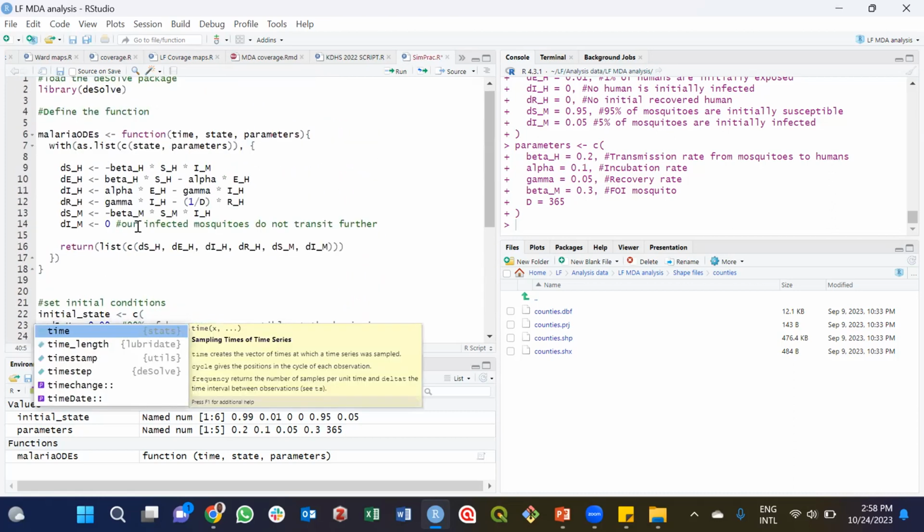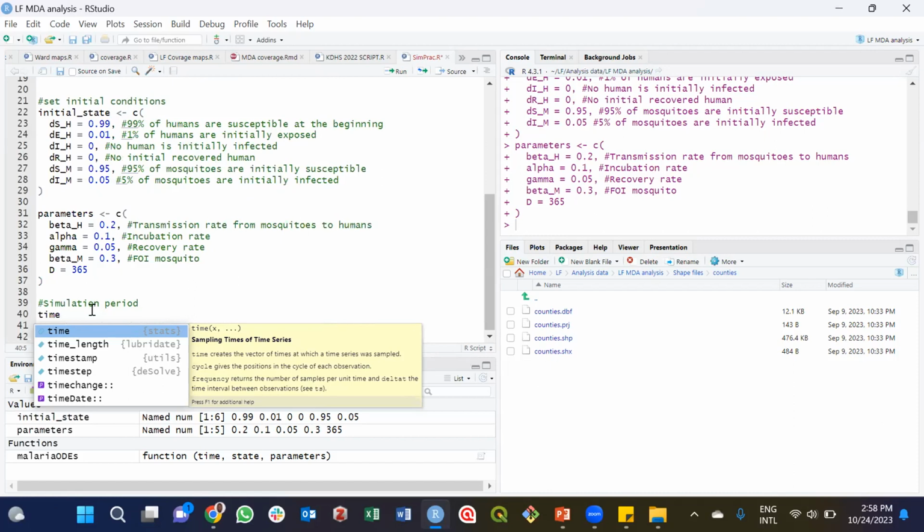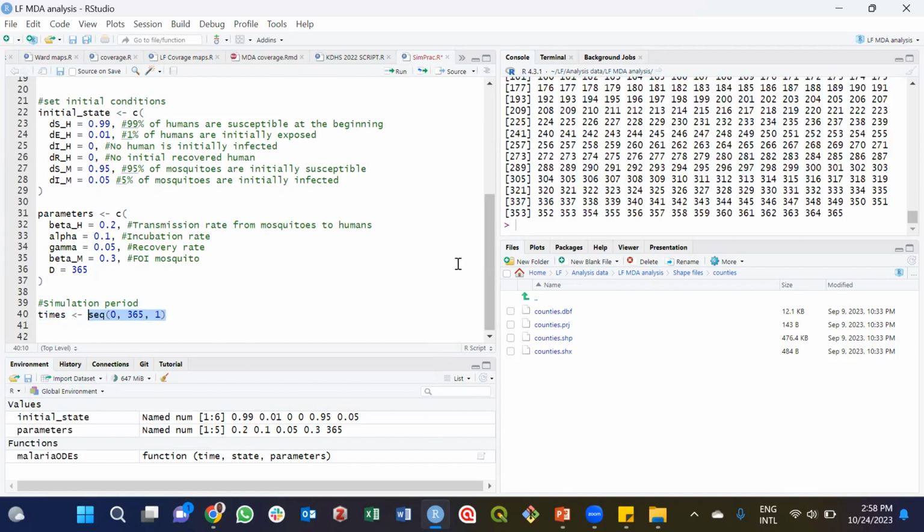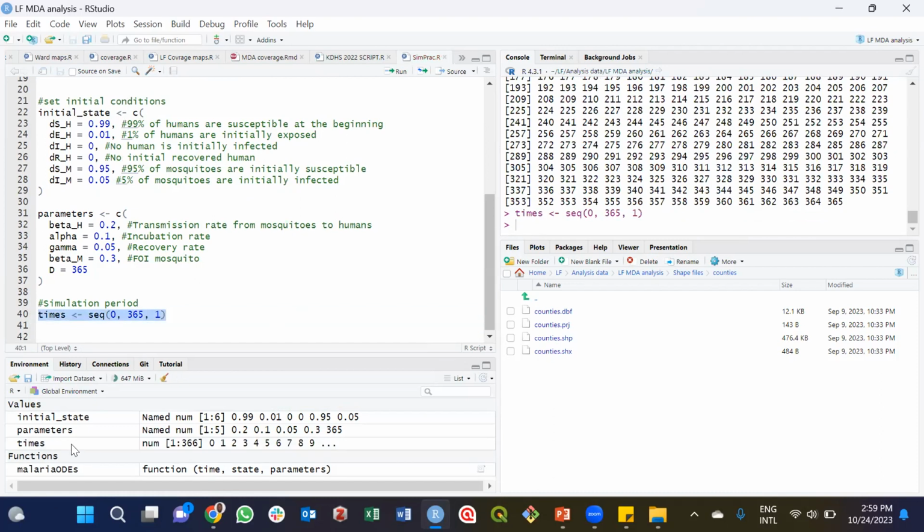We called it times. So it's a sequence from 0 to 365, 1 day. Let's see if this will run fast. Okay, we have times there.